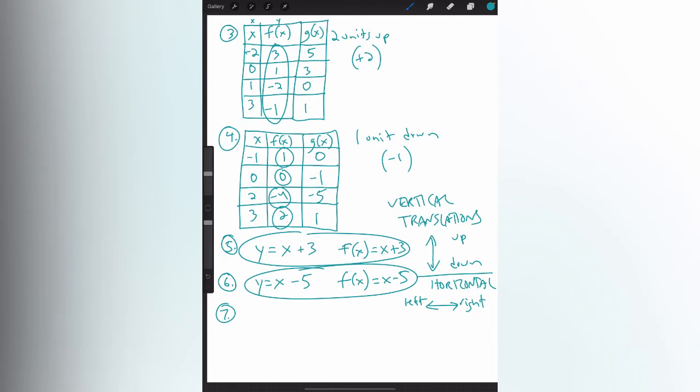So whenever we're dealing with a horizontal translation, we're going to have to use parentheses, okay? And whenever we want to move a number to the left, we're going to be adding. And whenever we want to move a number to the right, we're going to subtract.